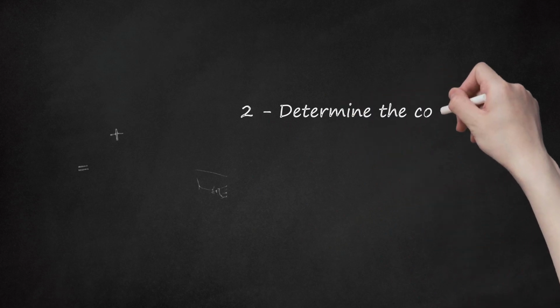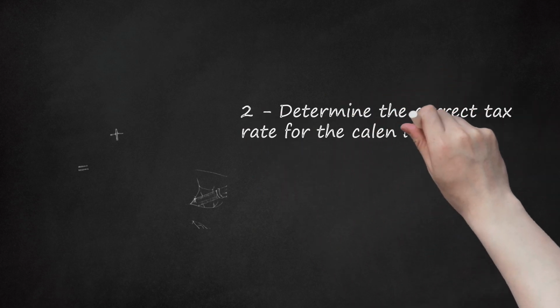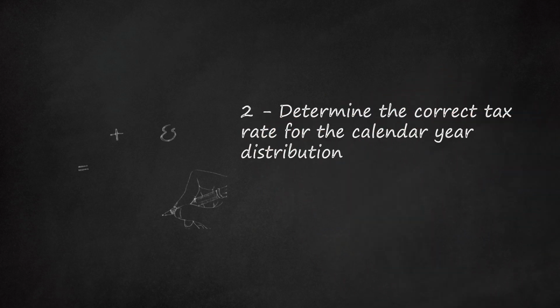2. Determine the correct tax rate for the calendar year distribution. For short-term capital gains, taxable interest and non-qualified dividends, apply the top marginal tax rate. For long-term capital gains and qualified dividends, apply the appropriate tax rate. For example, suppose investors who are married and filing jointly have a total taxable income of $100,000.